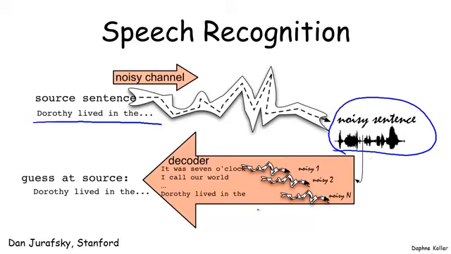And what we would like to do is take that input and put it into a decoder that is going to evaluate different possible sentences and hopefully guess what the source sentence is and be able to predict it with reasonable accuracy.